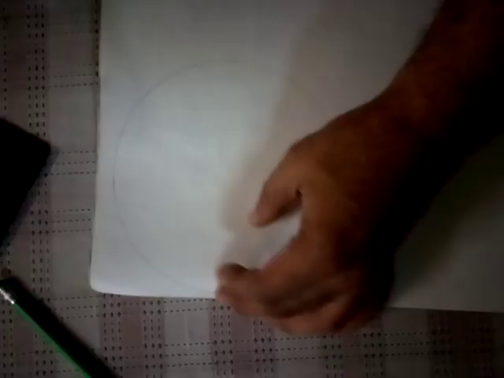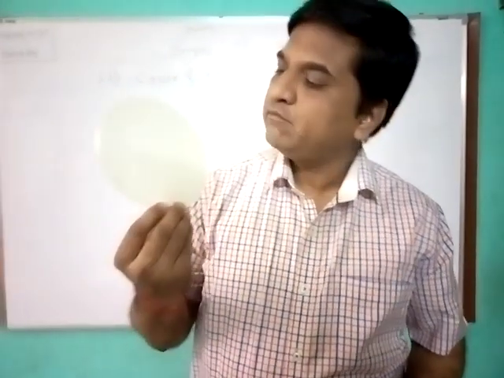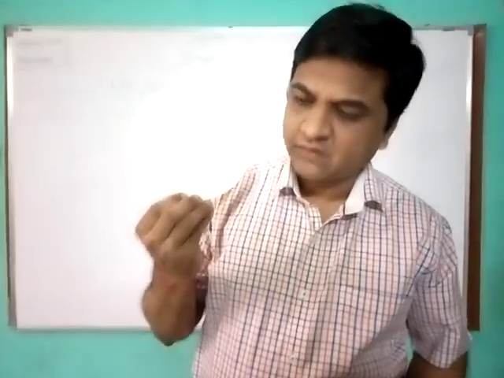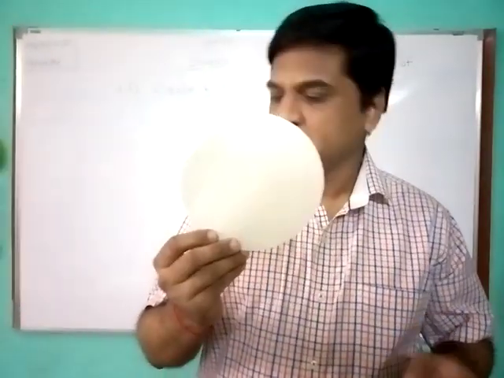I trace a circle on the paper. Then I'm going to cut it out from the paper.